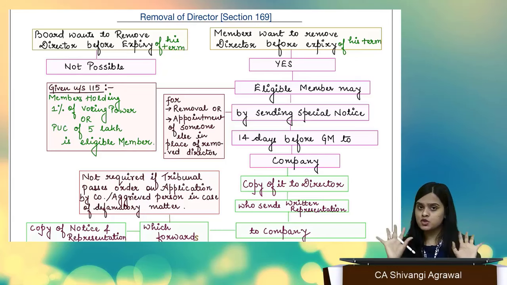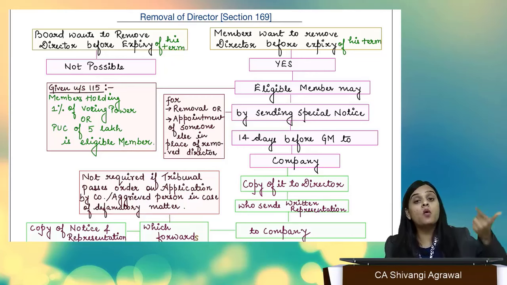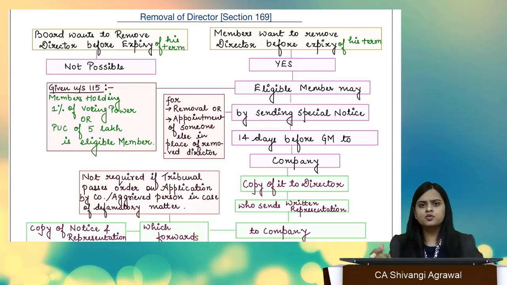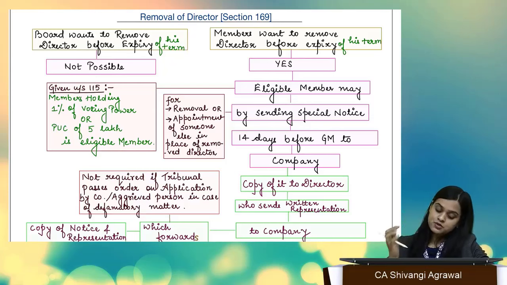So there are two situations. One is you just want removal, and the second is you want replacement. So when you want replacement, you suggest a name also. And when you want removal, it's just removal, right? So there can be two probable situations. So you give this special notice to the company.